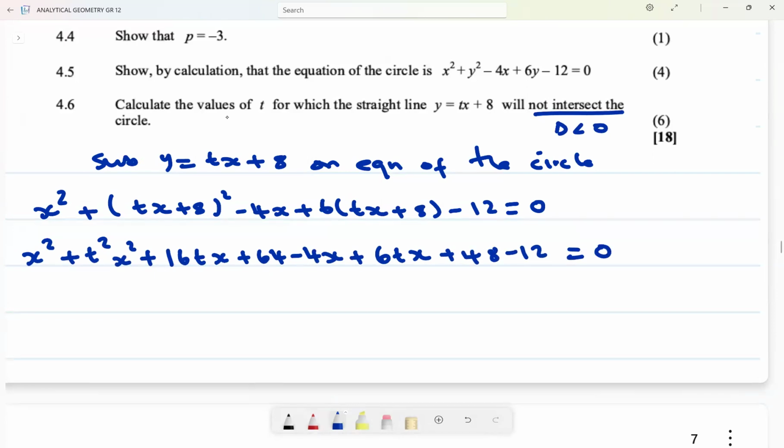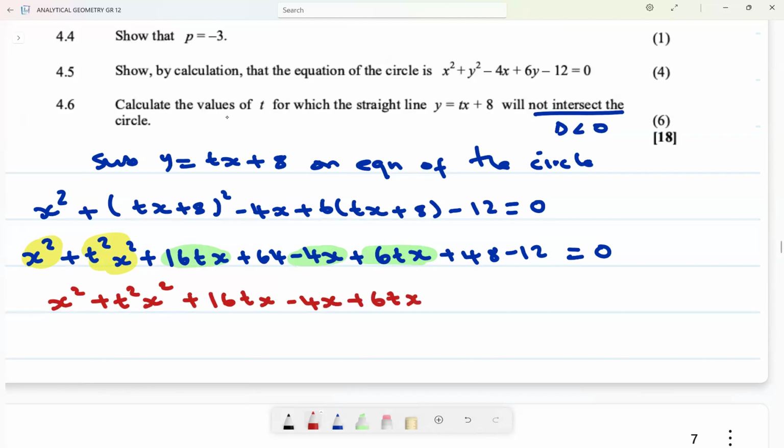I'm going to rearrange everything with x squared together, and then everything with x together, and then the constants together. So it's x squared plus t squared x squared plus 16tx minus 4x plus 6tx, and then 64 plus 48.